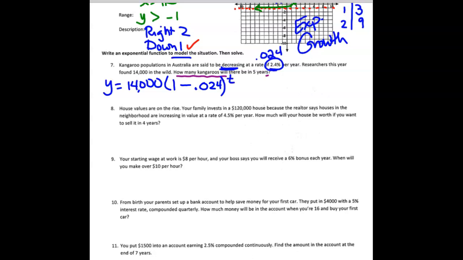Then it says to find how many there'd be in 5 years. So now we can actually plug the 5 in. 14,000 times 1 minus 0.024 to the 5th power. We're going to grab our calculators.